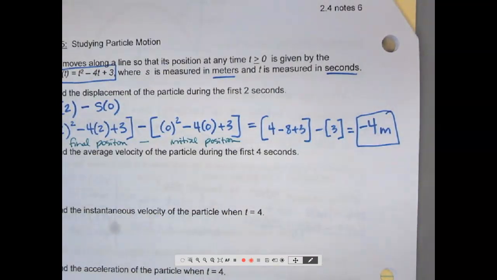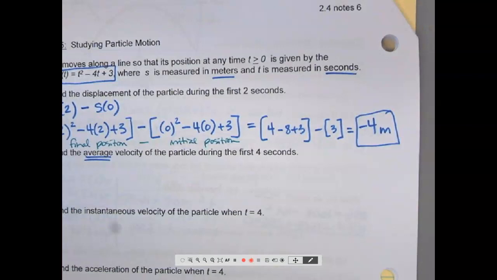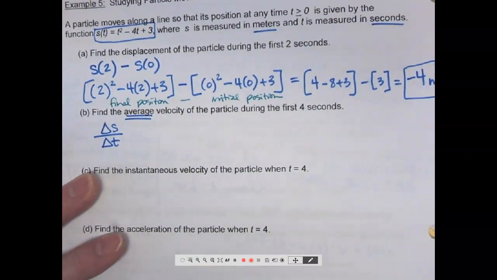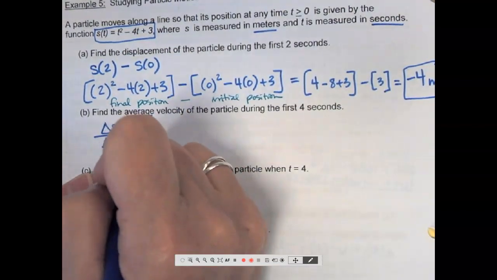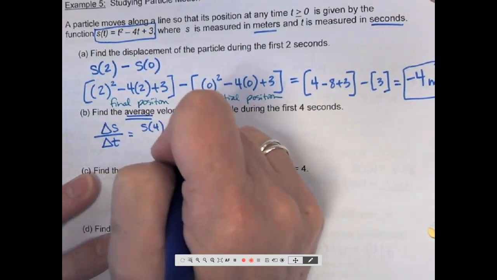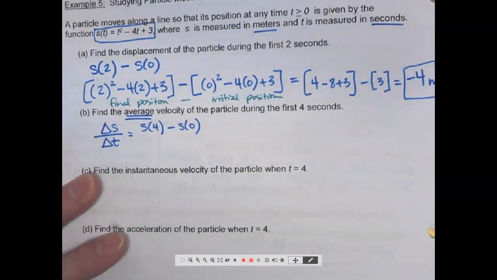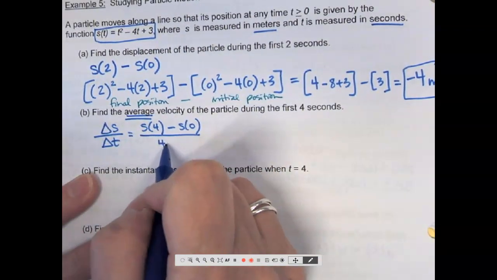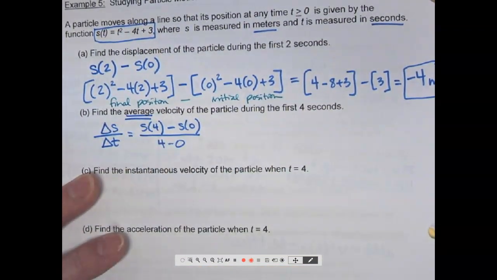Find the average velocity of the particle during the first 4 seconds. Average, what does that mean? Slope formula. So I want to find my change in position over change in time. My change in position will be where I was at 4 minus where I was at 0, final minus beginning, over 4 minus 0, change in time.